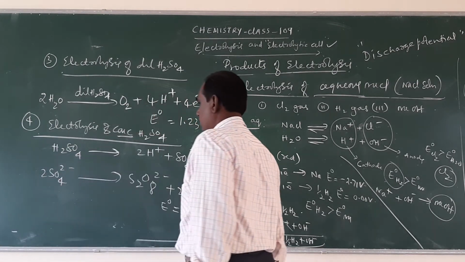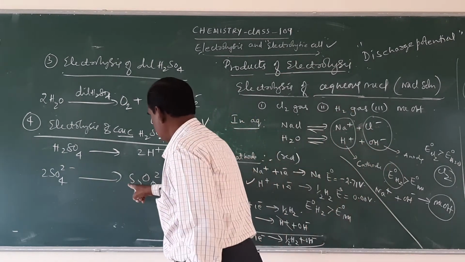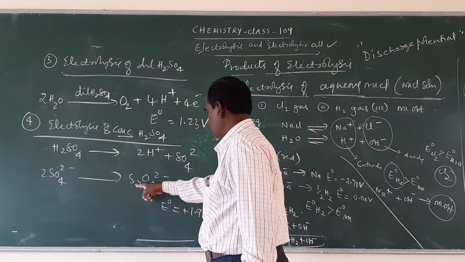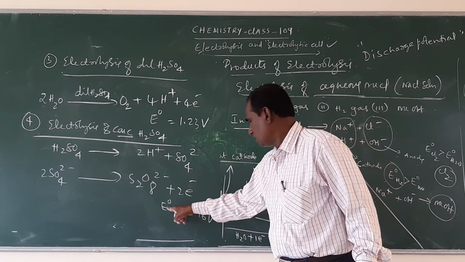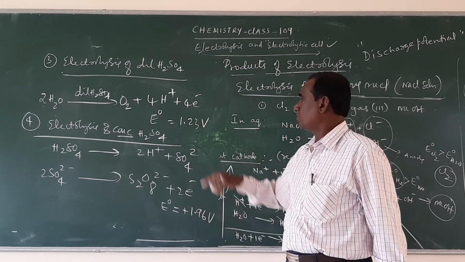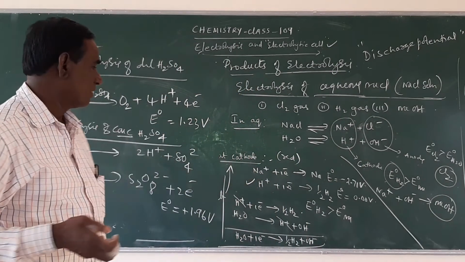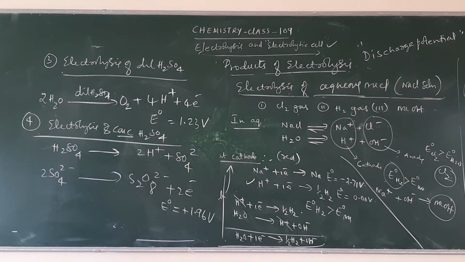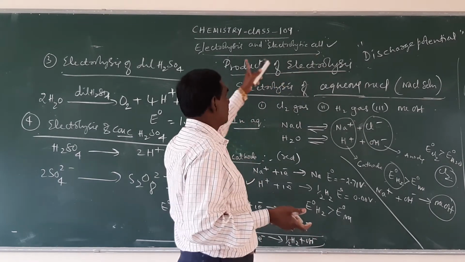That is, sulfate ions are oxidized to the S2O8 ion and you get 2 electrons. The E naught value for this reaction is 1.96, but it is 1.23 for the dilute case. So that means in the concentrated solution the electrode potential is more, and in the dilute solution the electrode potential is less.